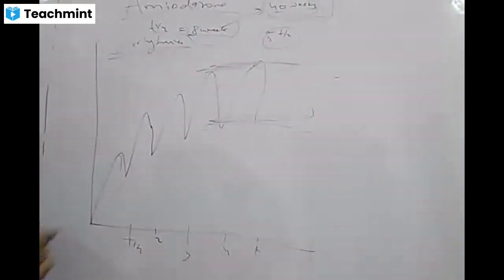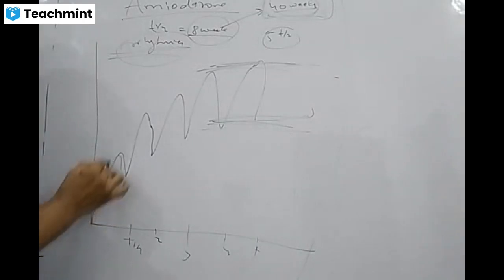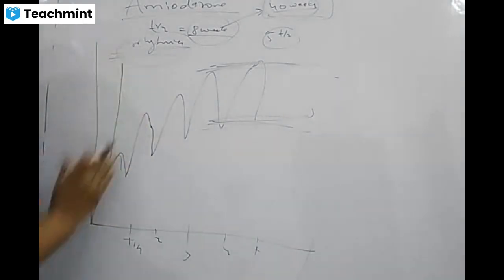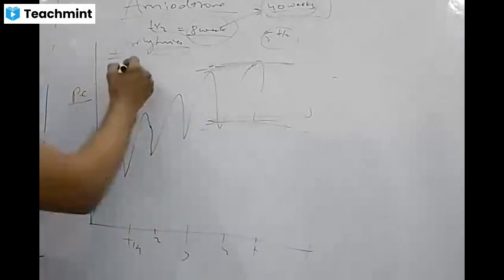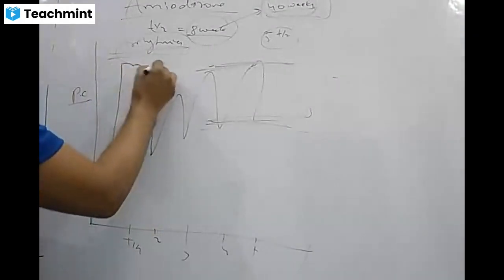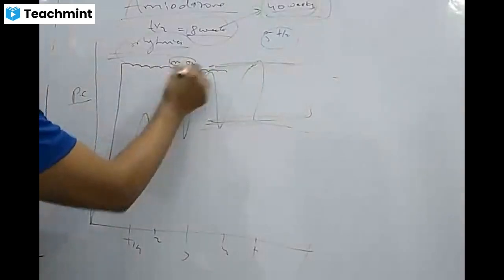So what we do at the initial point is give a loading dose to achieve this plasma concentration rapidly. Then we give small doses, that is the maintenance dose.